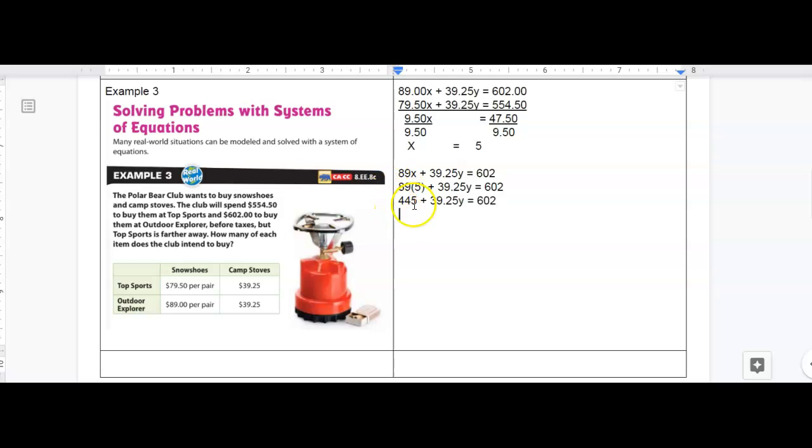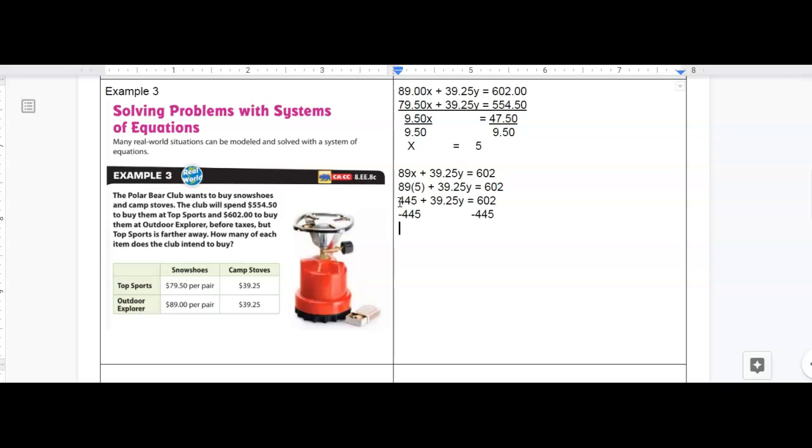So now I gotta leave the y alone. The y is being multiplied by 39.25 and then added to 445. This is the last thing, so add it. This is positive, so that means I gotta subtract 445 from both sides. And remember, when we add or subtract from both sides, we put a long line. So this is going to become 0.